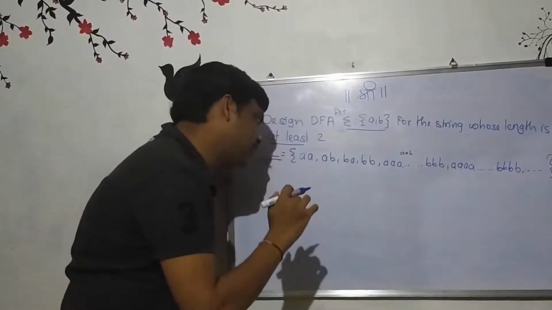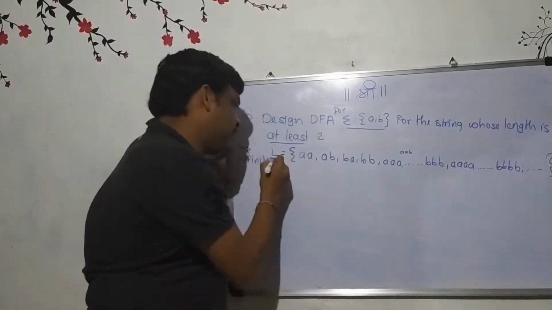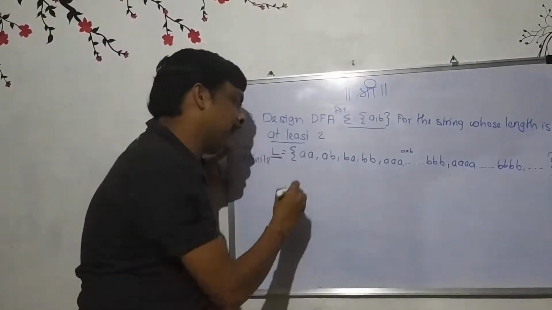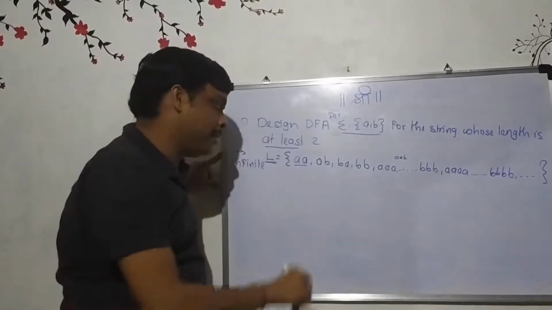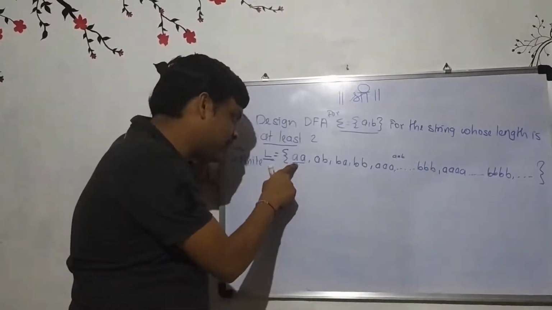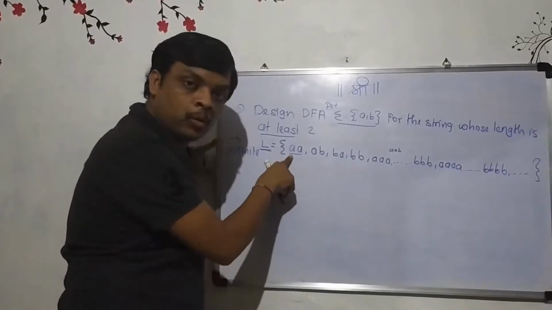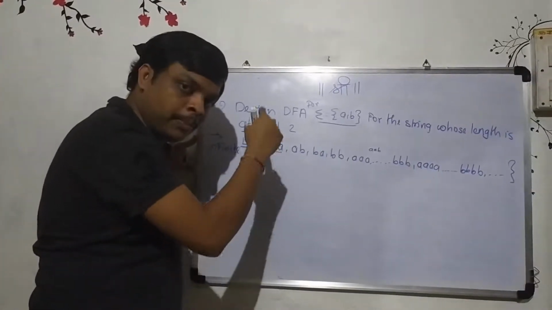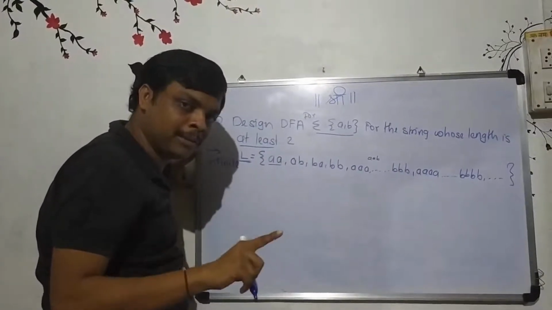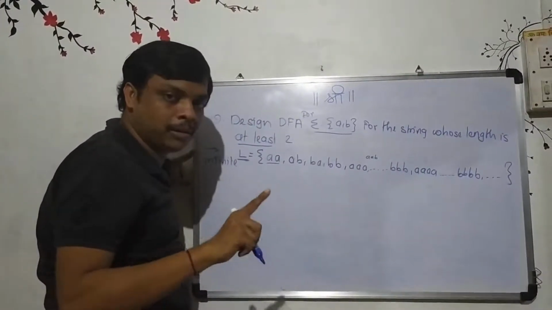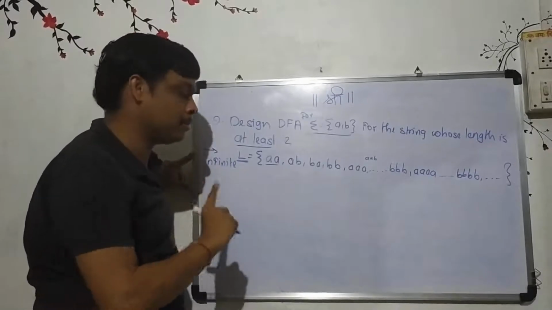Now see, in this case, after getting the elements of the language, take down the smallest string AA. We know this string is in the language, so we have to accept it. Just like our previous example, if you have not yet gone through our previous session, please do watch it first, then proceed with this one.